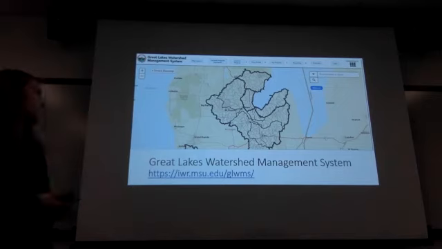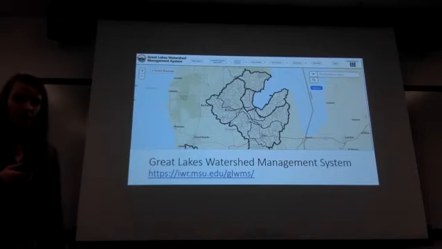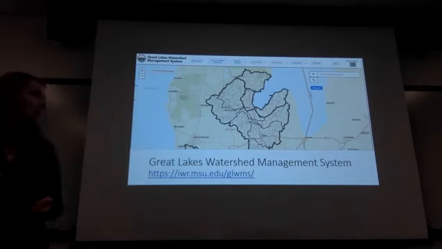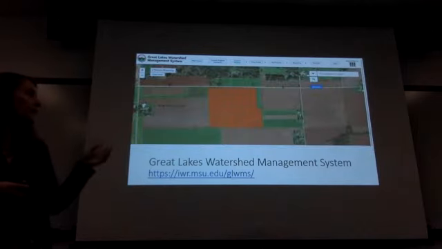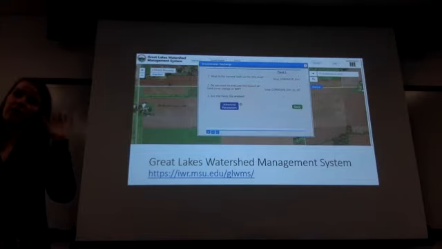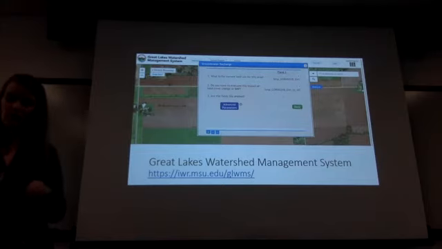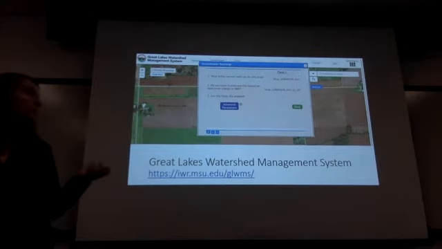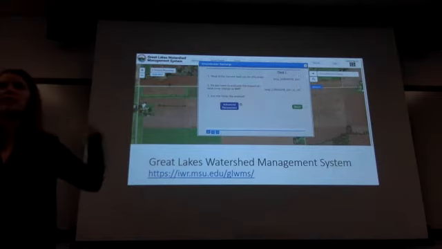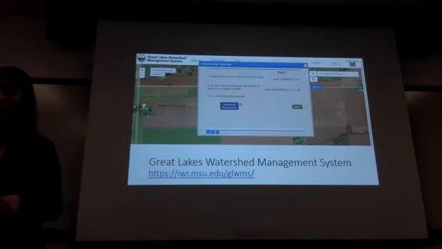In this case, our updated model is incorporated in a platform we're calling the Great Lakes Watershed Management System. They can go in, digitize their field. They'll specify what the current management of the field is and then what the proposed one is. In this case, I modeled corn and soybean rotation and then implementing a cover crop on top of that.